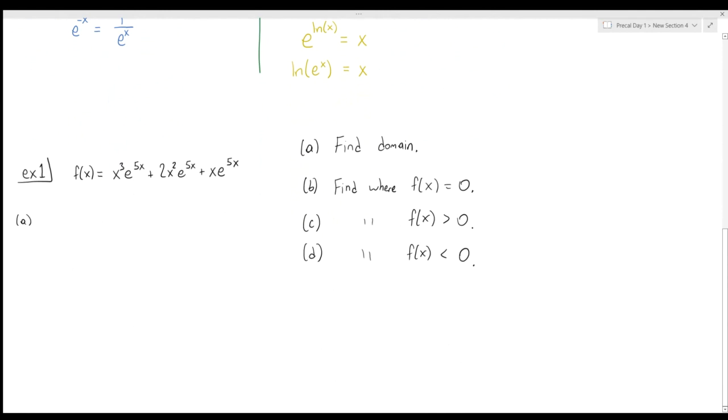So there's no issue with the function being undefined in terms of the presence of the exponentials here. And then after that, you just have the powers of x, which also don't give you any places where it might be undefined. So the domain of this function would actually just be all real numbers, okay?